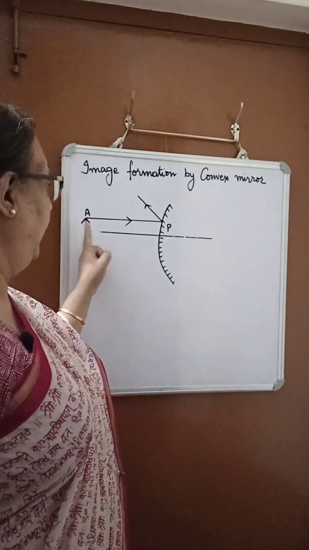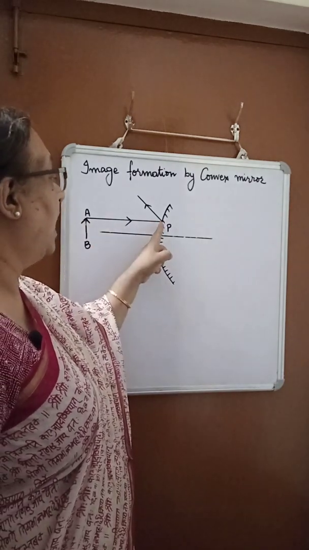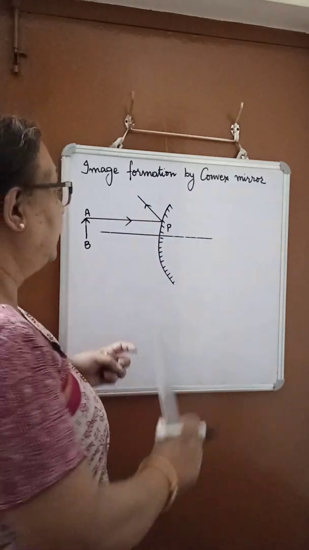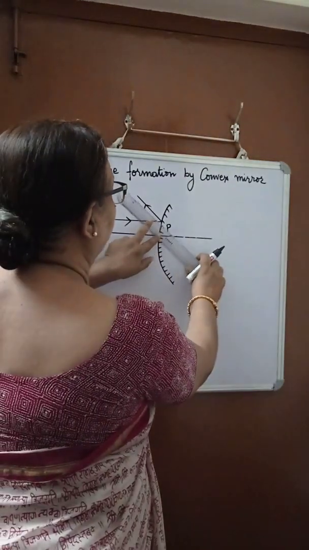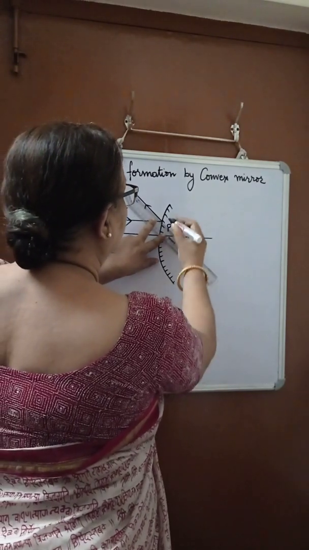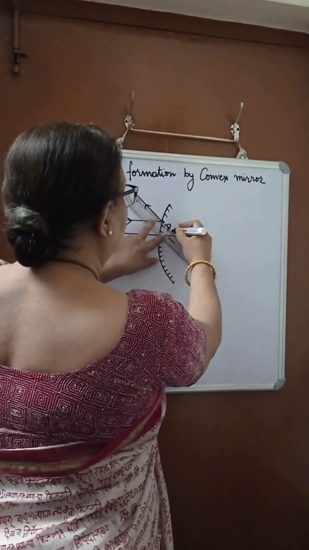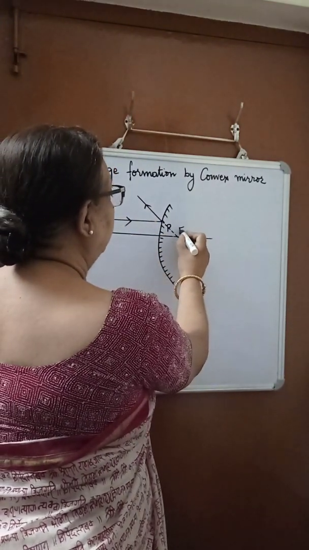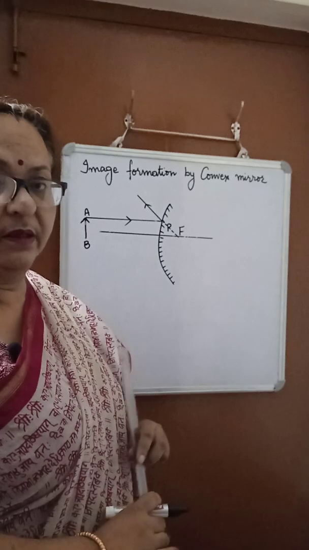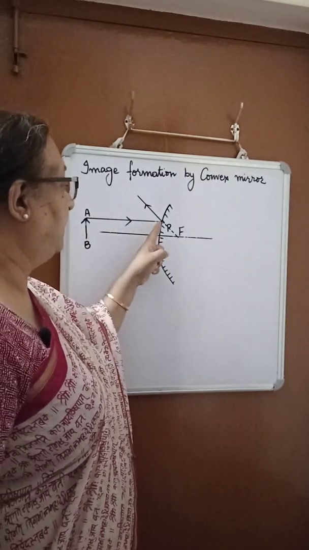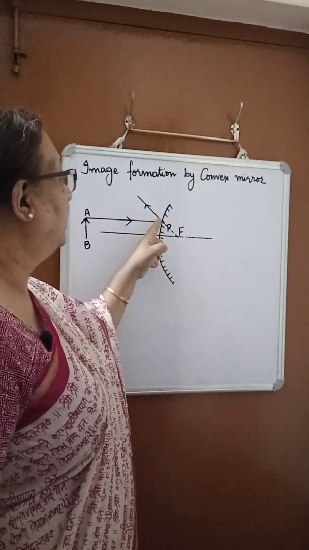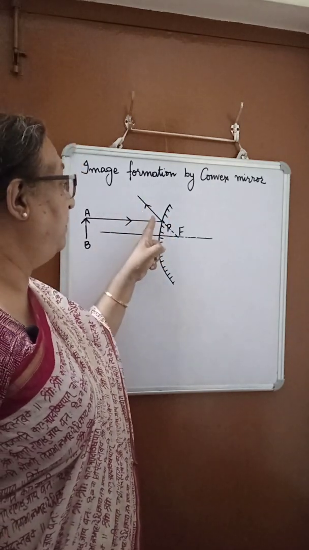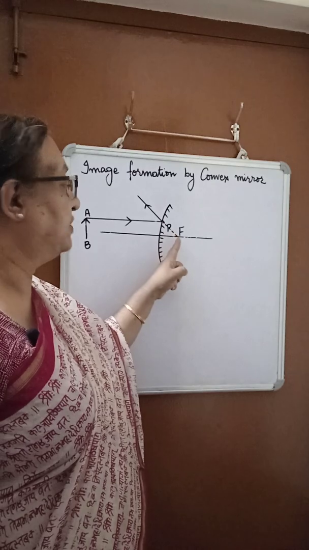A ray parallel to the principal axis, after reflection, goes along this direction, so that when you produce it backwards, this point will be the focus of the mirror.